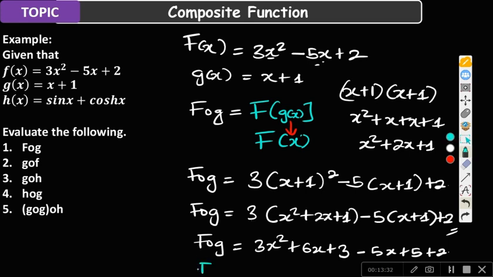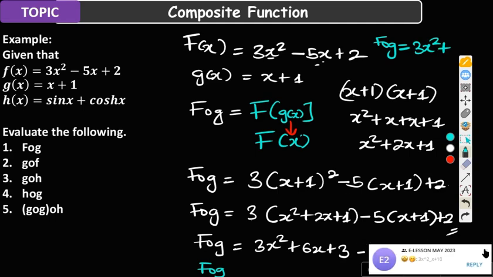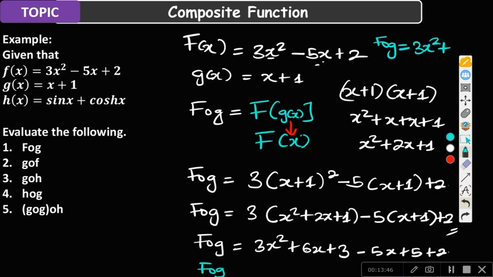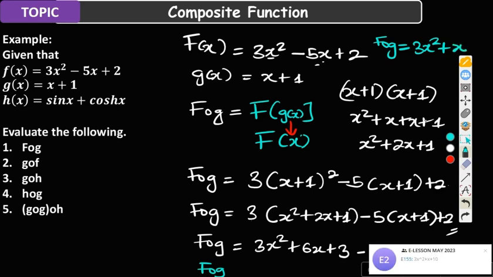That will give us f of g. Let me write it up here. f of g is equal to, we have 3x squared plus, now this will be 6x minus 5x will give us x.